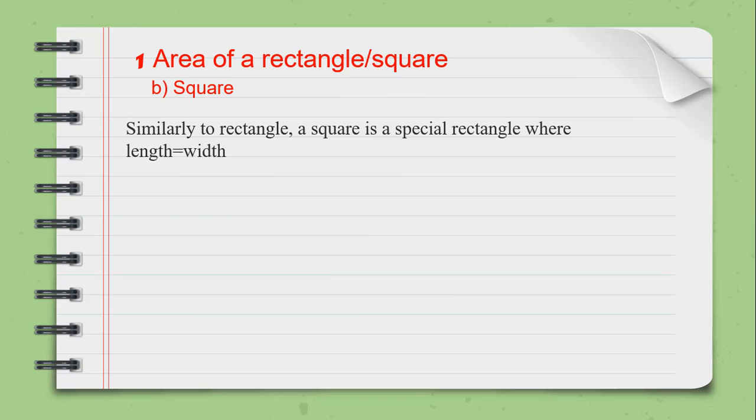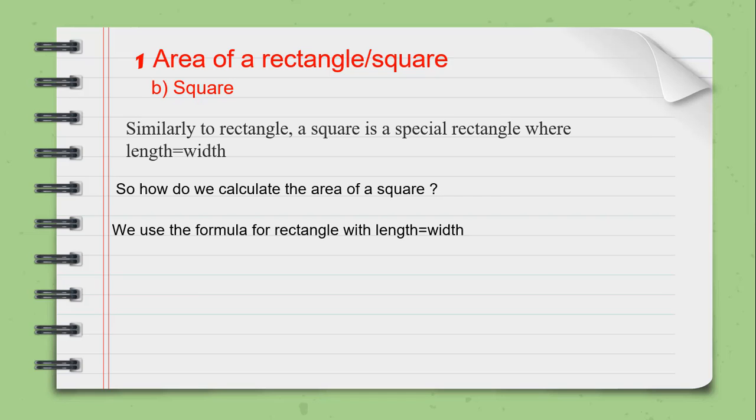Moving on to square. A square is similar to a rectangle, but there's one special thing about it: its length is equal to its width. So how can we calculate it? We will use the formula we learned earlier, the formula to calculate the area of a rectangle, but now with length equal to width.